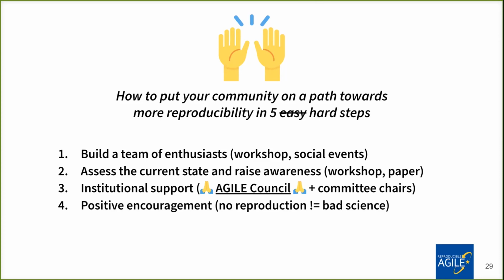We always make clear that if there's no reproduction, it doesn't mean that it's bad science. It's just not reproducible, and there may be very good reasons for that. You can make up your own mind about that, because you can look at the paper, look at the data and software availability section, and then you will understand the reasons why something is not reproducible. And then, you just have to keep at it.